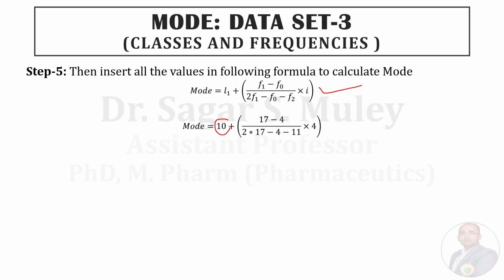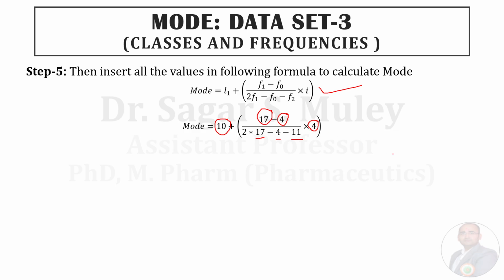So L1 is 10, F1 is 17, F0 is 4, and F2 is 12, and I was 4.